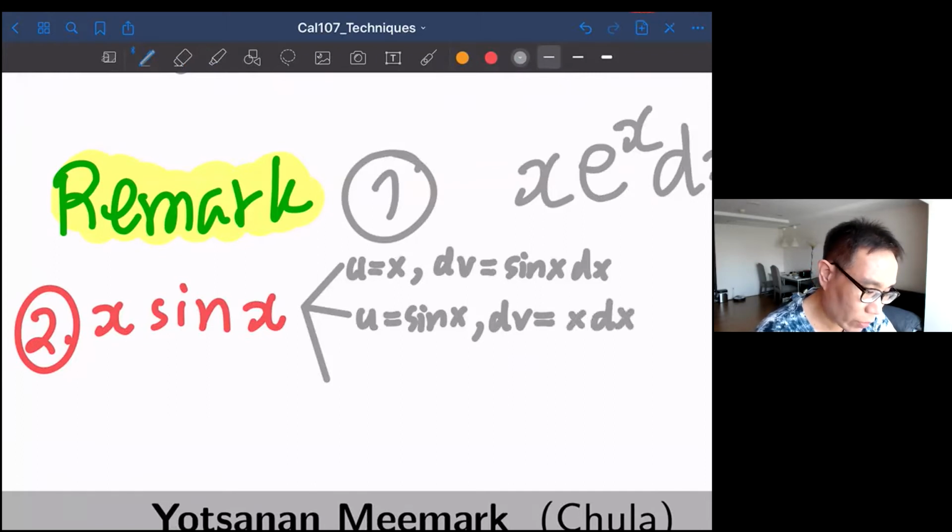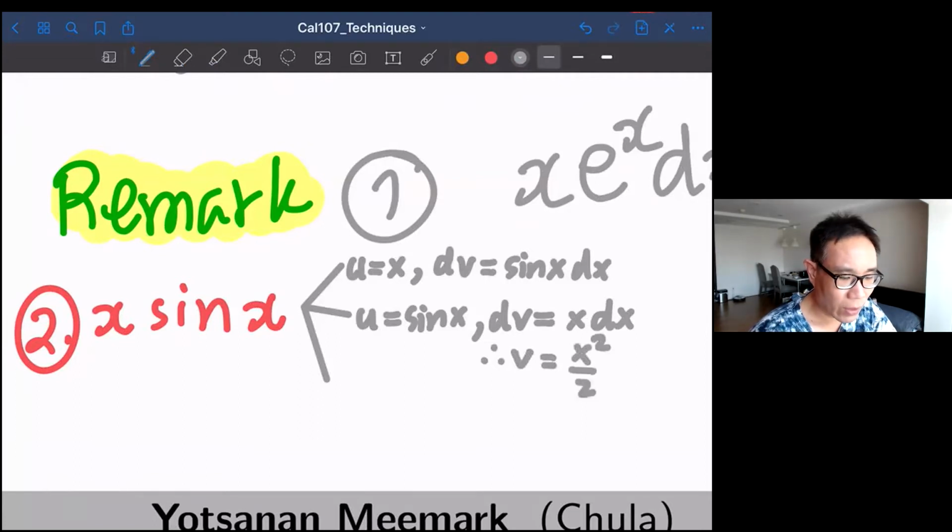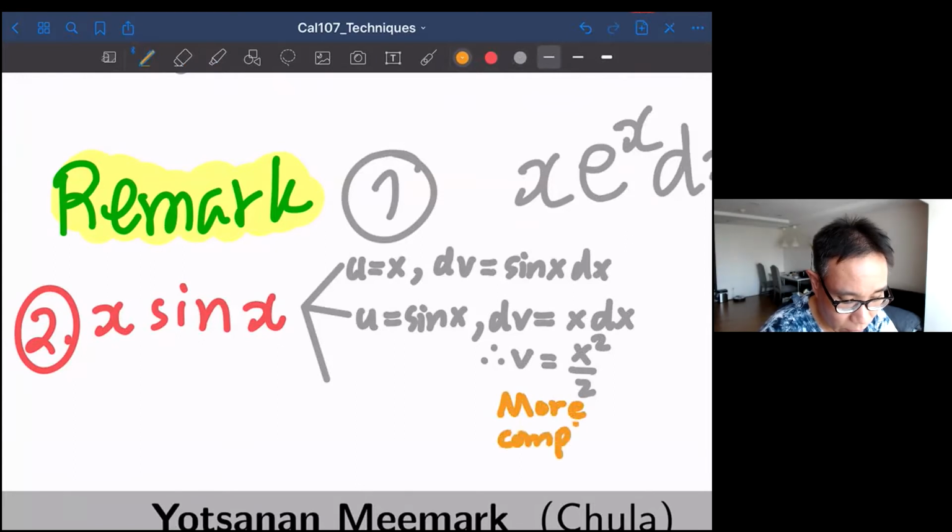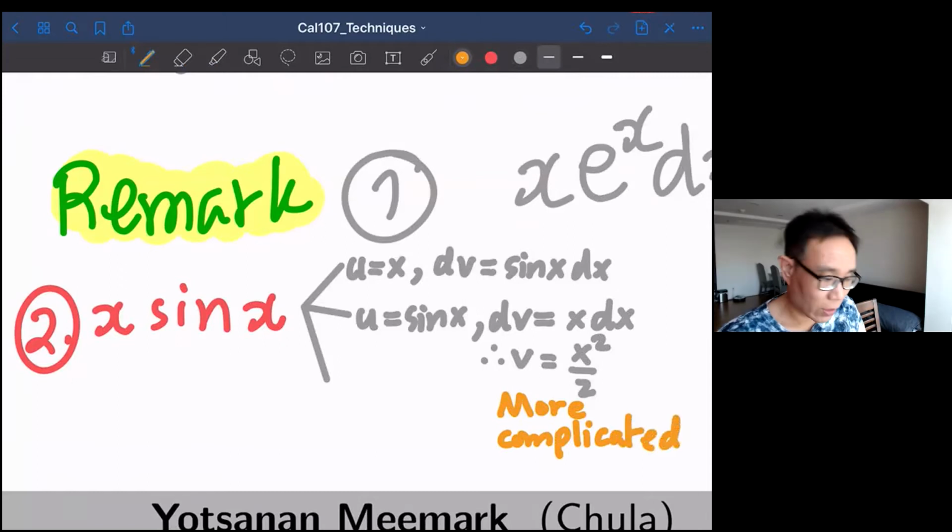Okay, so in this case, v will be x squared over 2. So in this case, it's more complicated. So we are not going to use this one.